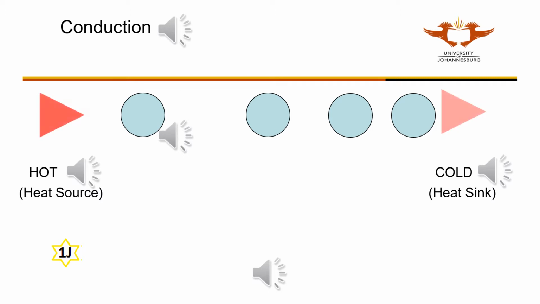The blue orbs represent the molecules in the wall. The left-hand side molecule moves to the left and bumps against the heat source, picking up 1 joule of energy, for example. It then recoils to the right, bumping into the next molecule, in the process passing on the 1 joule of energy. The second molecule picks up the energy and passes it on to the next molecule, and so on. Eventually, the last molecule passes the energy onto the outside surface of the wall, where it is whisked away by the cold air molecules.